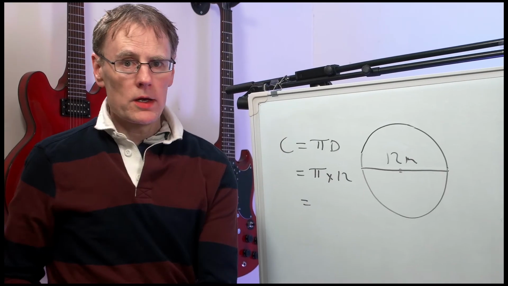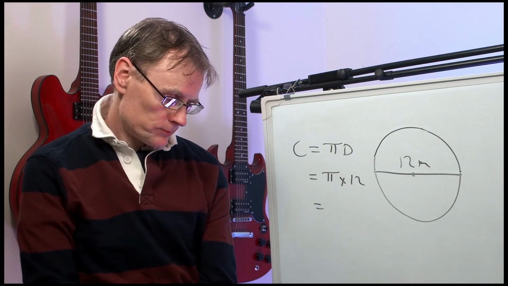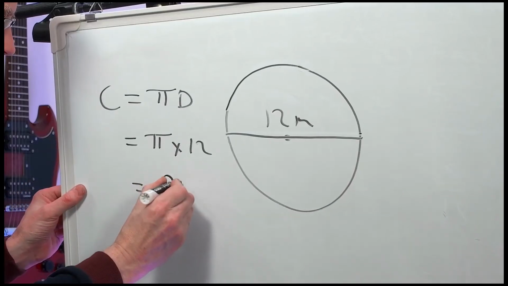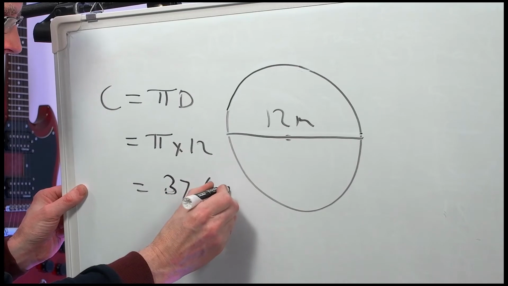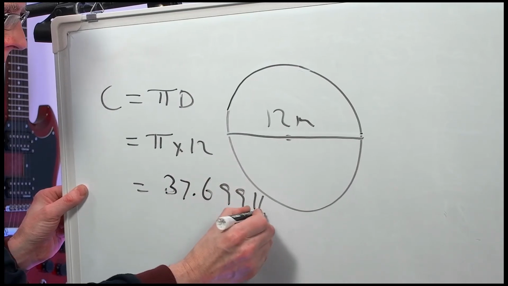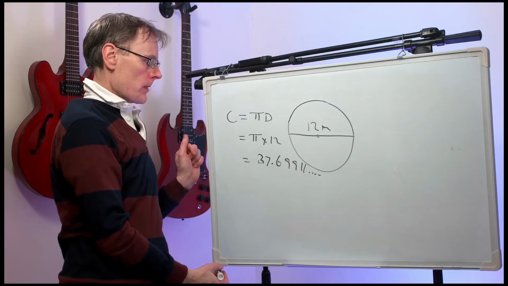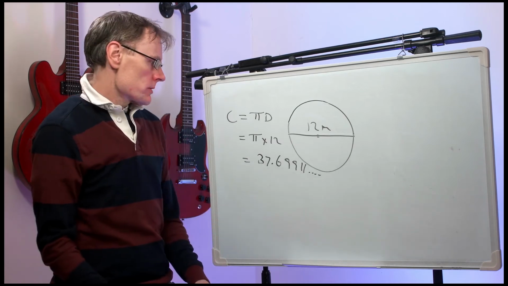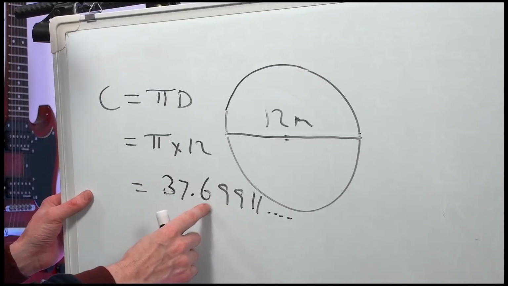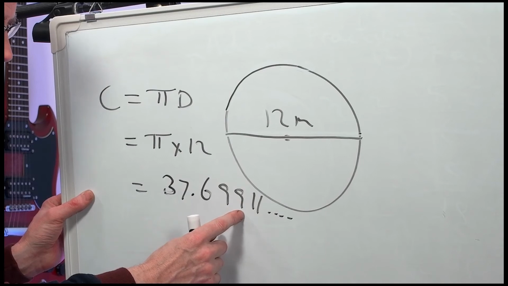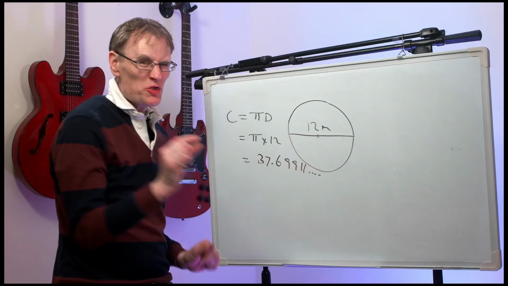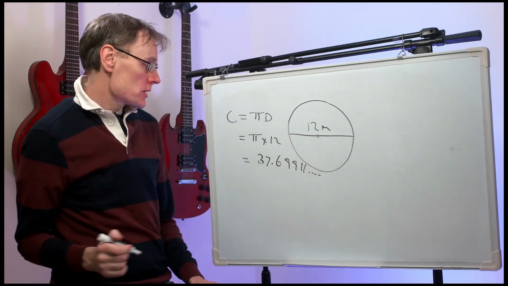Now we can use our calculator, and the calculator says 37.69911, etc. But that's too accurate. That's accurate to tenths, hundredths, thousandths, 10,000ths, 100,000ths. That's way too accurate.